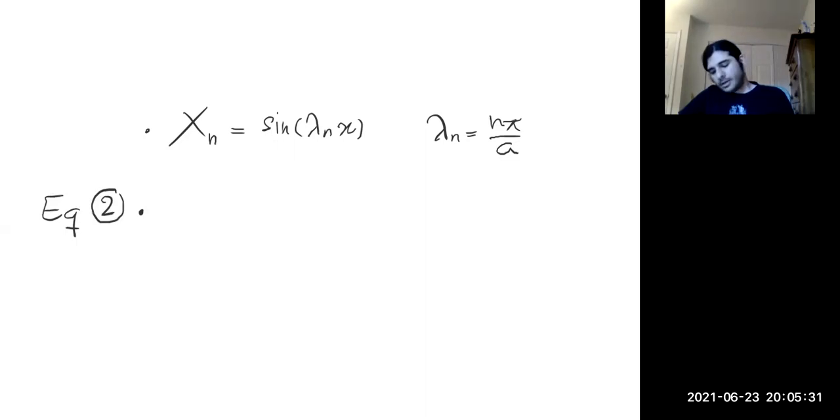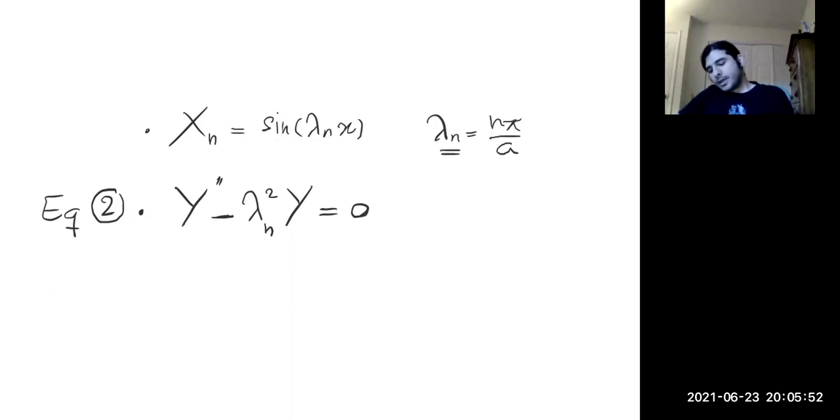For Y, we learned that Y double prime minus lambda squared Y is equal to 0. But for each n, we have one different lambda n. So we have a lot of these equations.